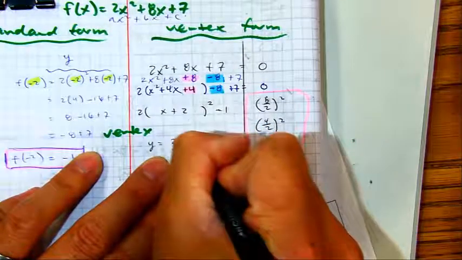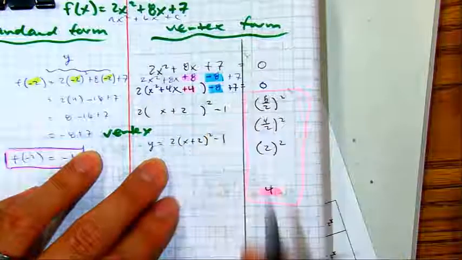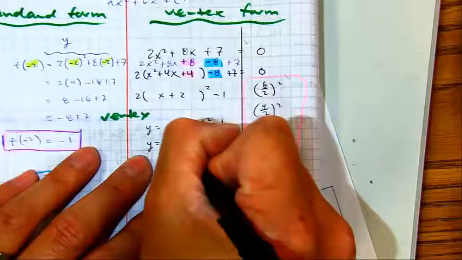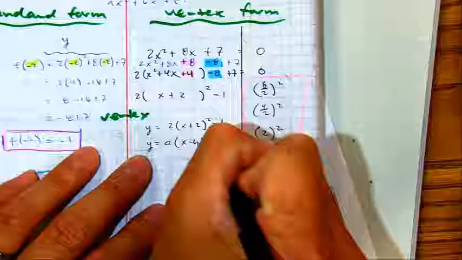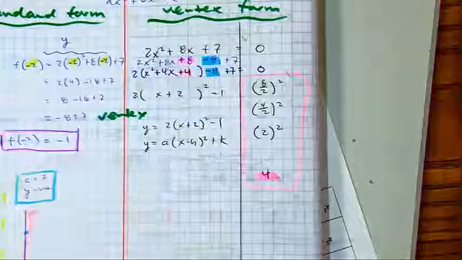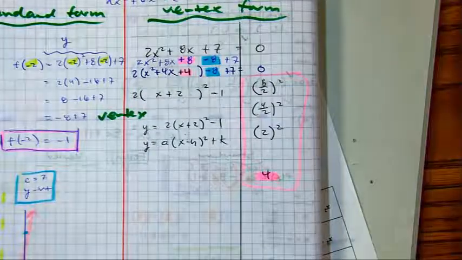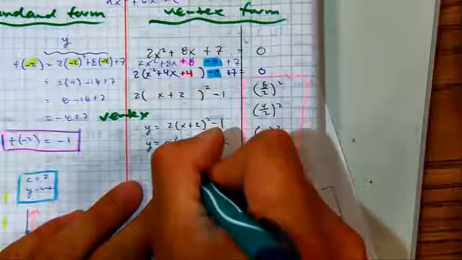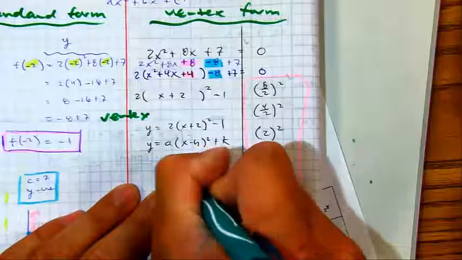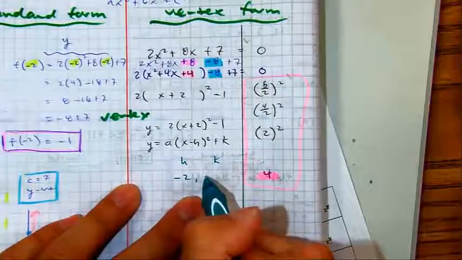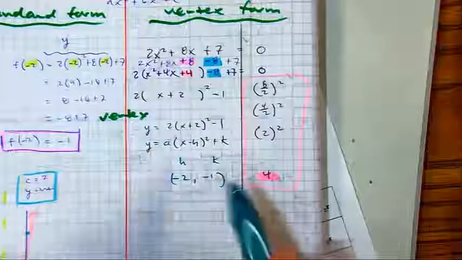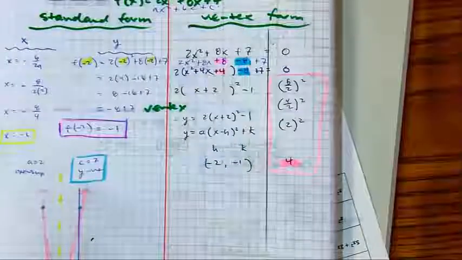Here I have vertex form. And if I write vertex form right below it, you can quickly see that our h value is negative 2, and your k value is negative 1. And you can see that from standard form.